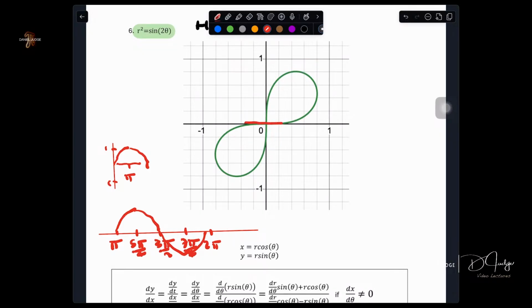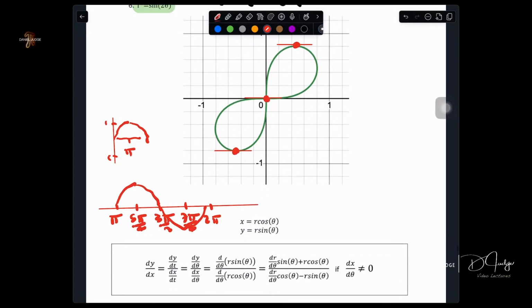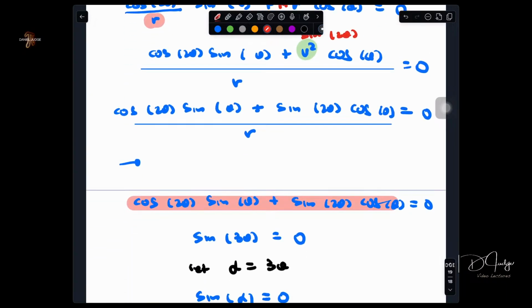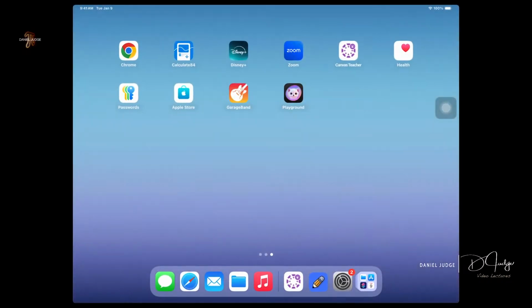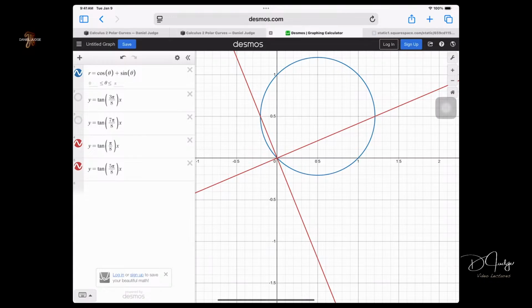So far, we're going to have a point here, a point here, and a point over here. These are the locations of your horizontal tangents here. Okay, so let me bring this in Desmos and remind people.